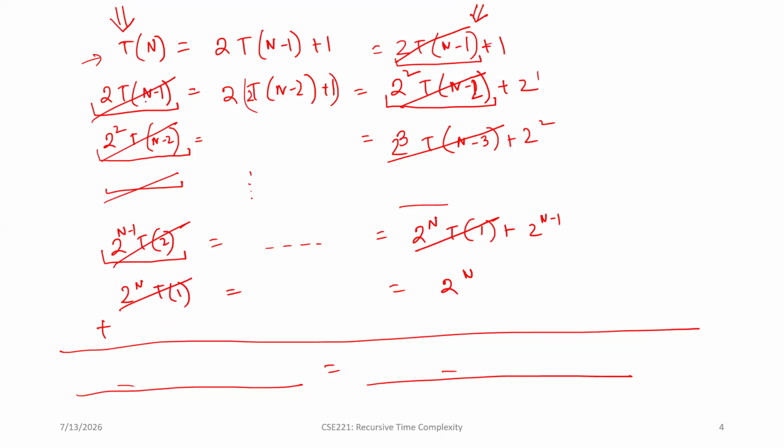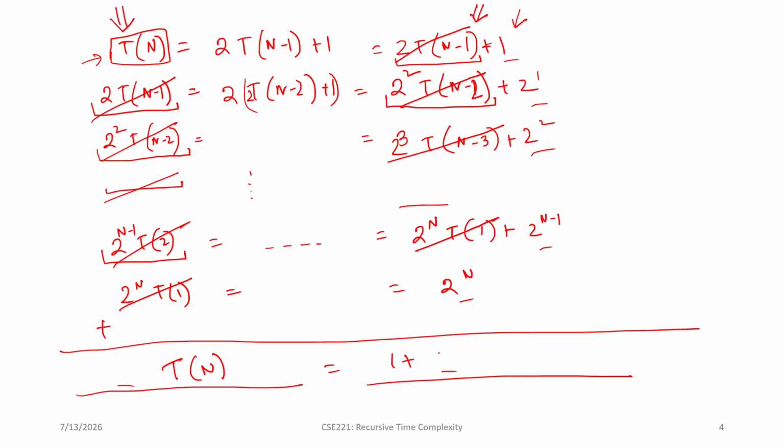What remains on the left side is just the initial T(n). That's the singled out term remaining on the left side. And what will be there on the right side are these powers of 2.